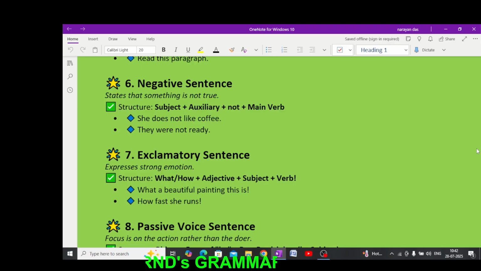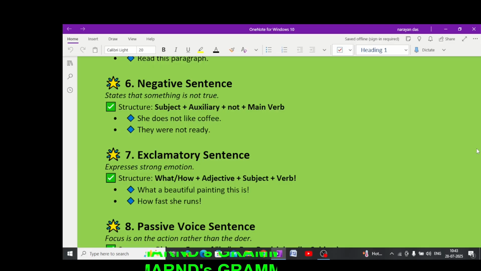They is the subject, were is the be verb or helping verb here, not is the negative word, and ready is the adjective or other words. You know, here we also use do not when the subject is not third person. They do not like coffee. I do not like coffee.